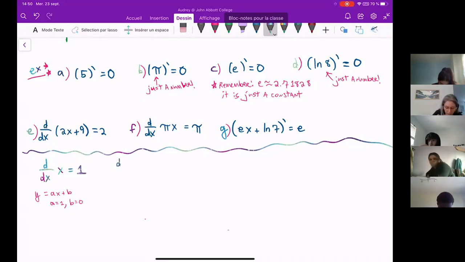Okay, so now I'm going to give you another one. This one you won't be able to do based on what we just did. The derivative of x squared, it turns out, is 2x.